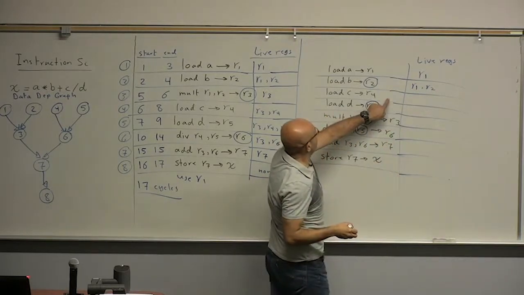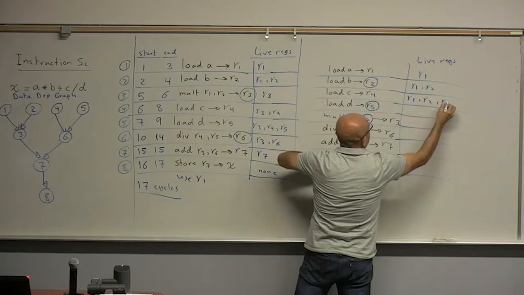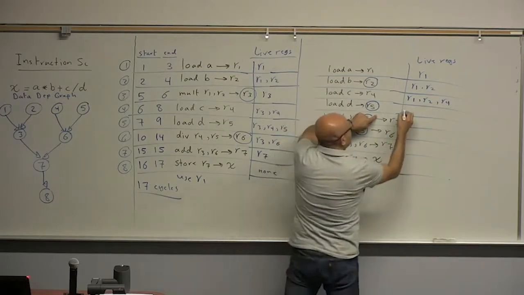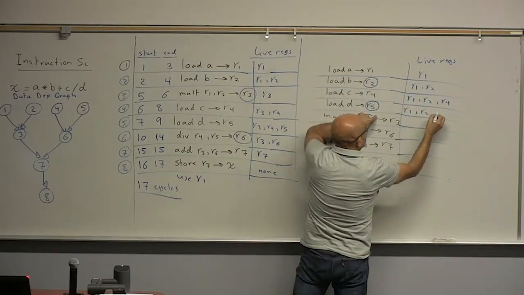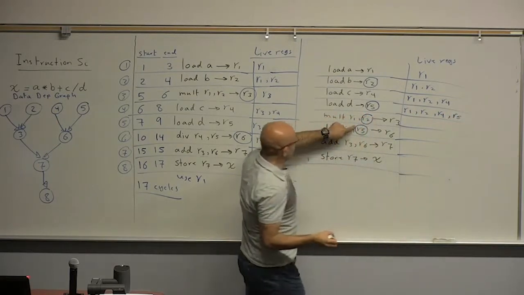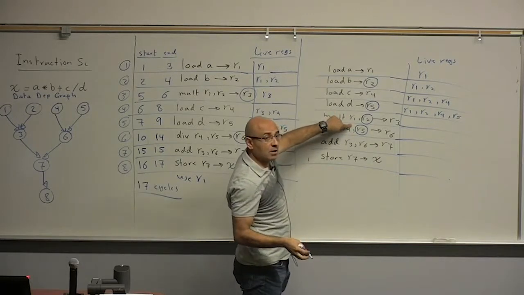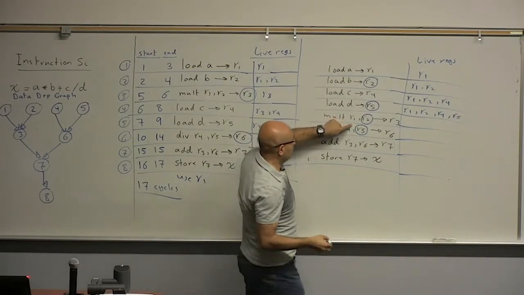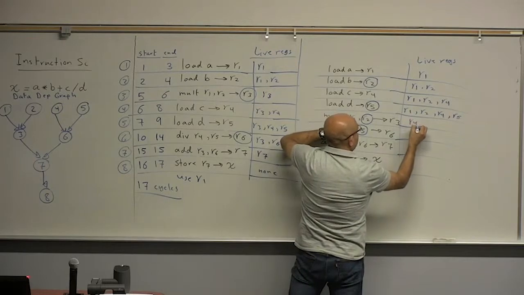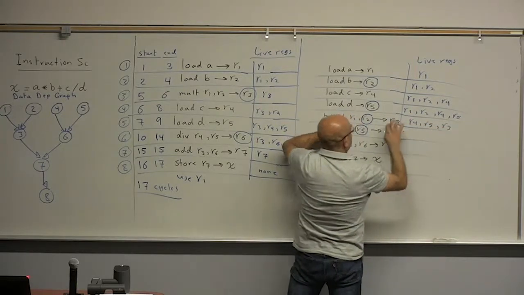Here, R1, R2, R4. And here, R1, R2, R4, and R5. Here, we are using R1 and R2, and this is the last use of them. So R1 and R2 are no longer live. So we are left with R4, R5, and R3 has also become live.